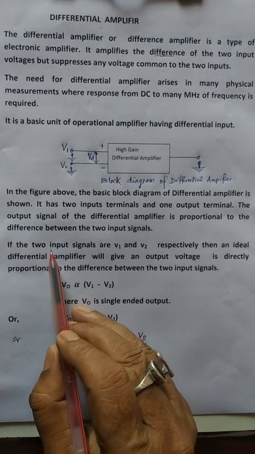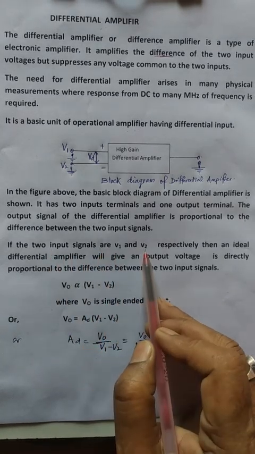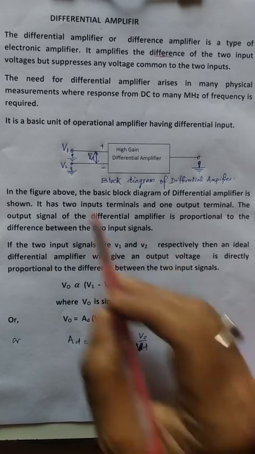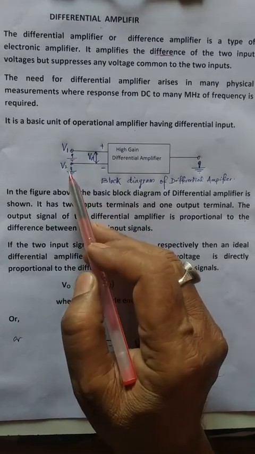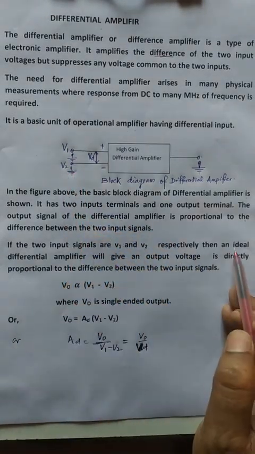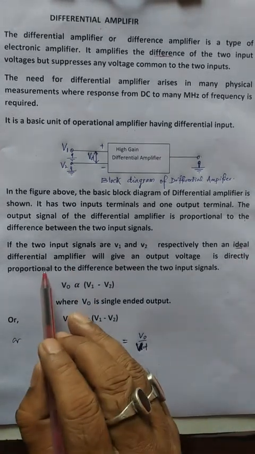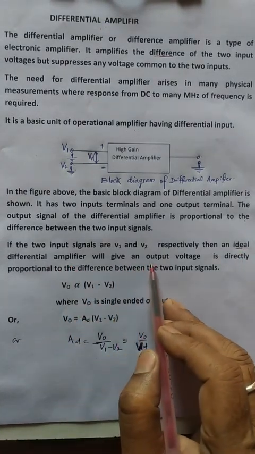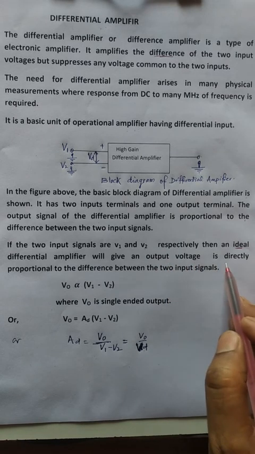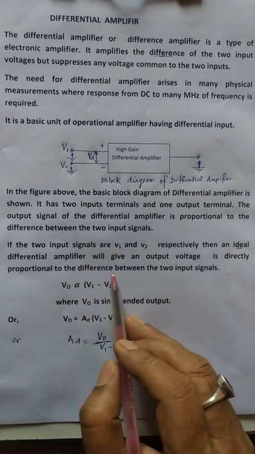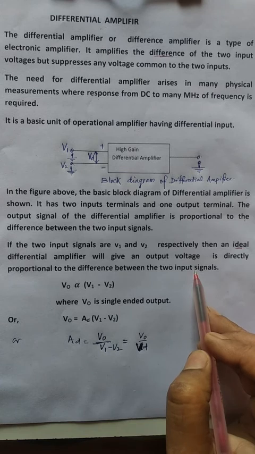If the two input signals are V1, V2 respectively, then an ideal differential amplifier will give an output voltage which is directly proportional to the difference between the two input signals.